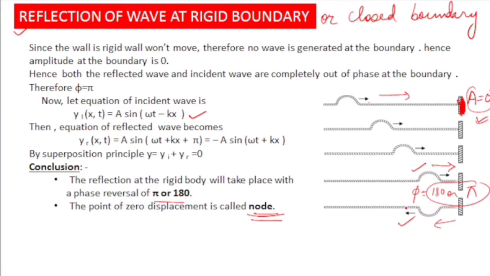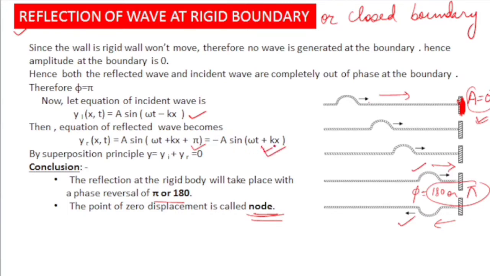So negative x direction means in place of minus kx it becomes plus kx, and the amplitude is negative maximum displacement, so minus. Negative direction gives plus kx, and phase reversal takes place: A sin(omega t plus 180 degrees) gives minus A sin(omega t), so it becomes minus A sin(omega t plus kx).